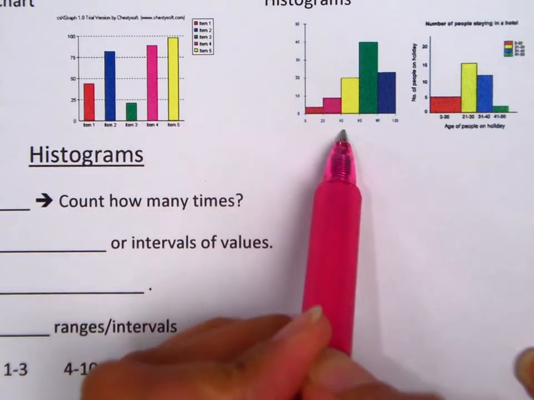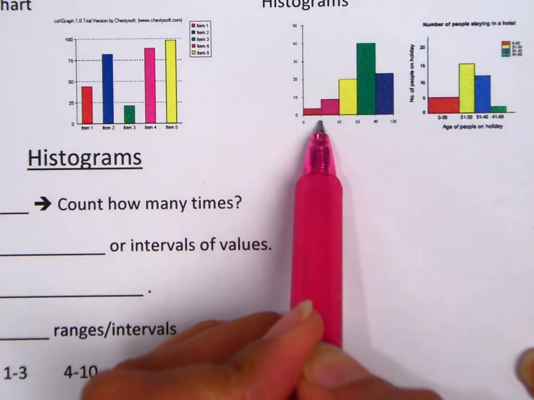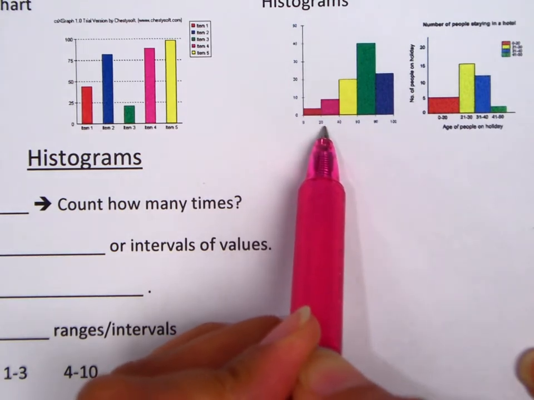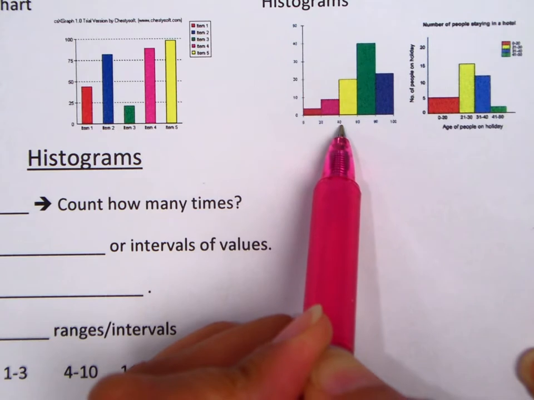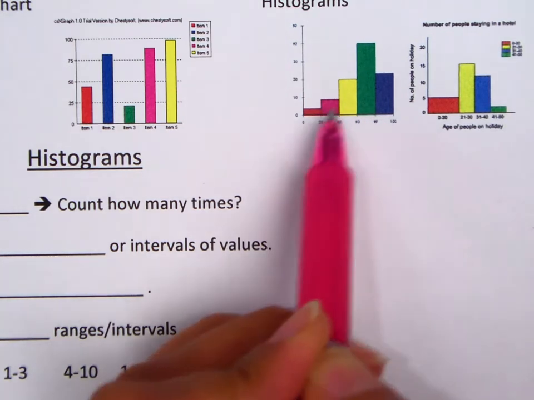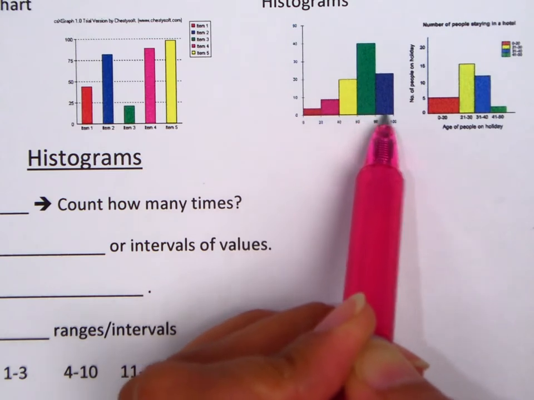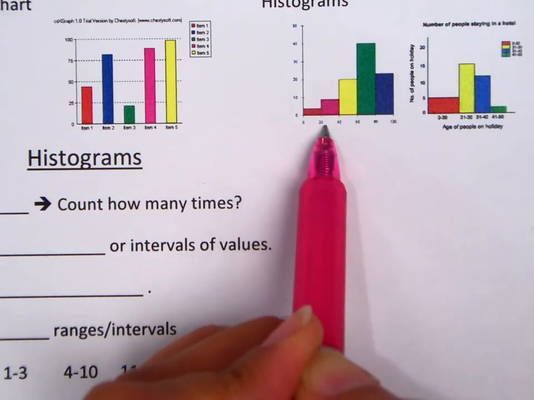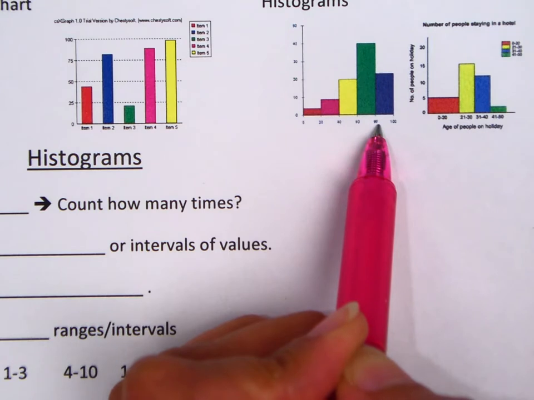On a histogram, each bar represents a range of a number. This is 0 to 20, 20 to 40, 40 to 60, 60 to 80, 80 to 100. Okay, and notice how the bars are equal distance apart because these ranges are equally distanced apart.